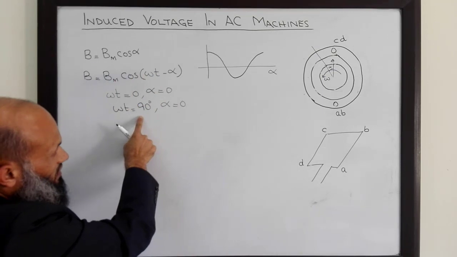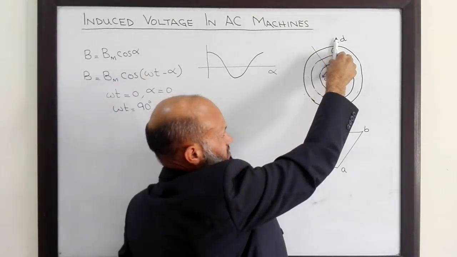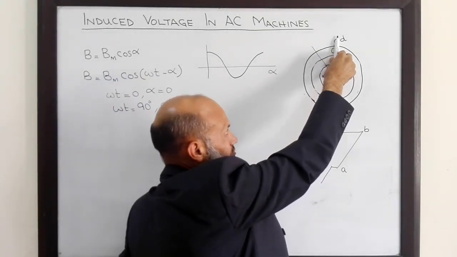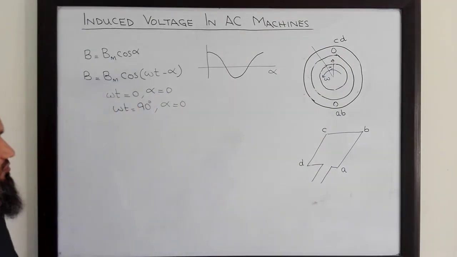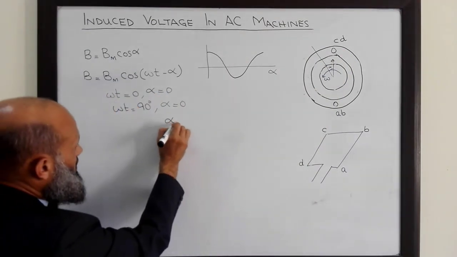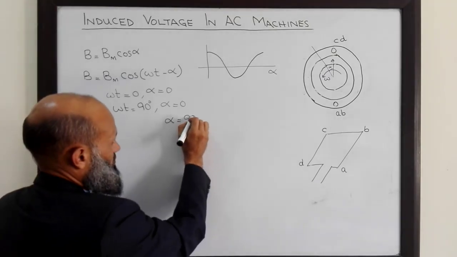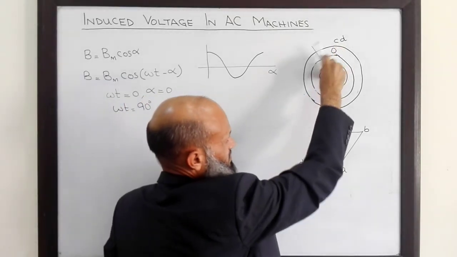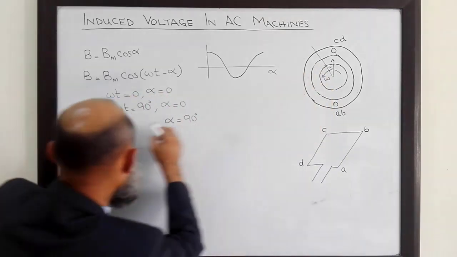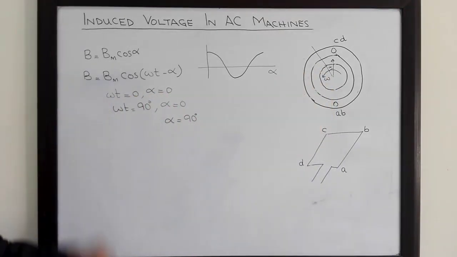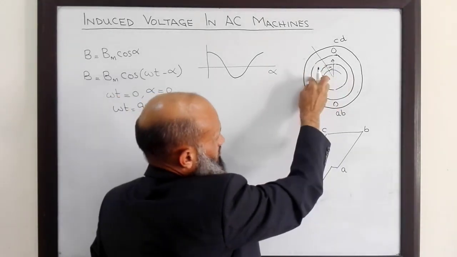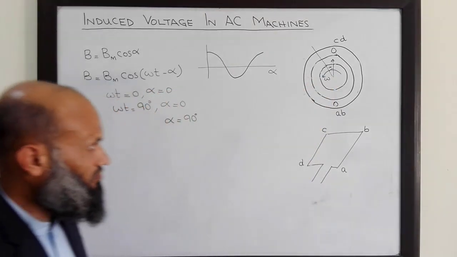So at this particular time instant, flux density here will be 0 and it will be maximum at alpha equal to 90 degrees. Alpha equal to 90 degrees is this angle, so at this time instant, flux density will be maximum here at this angle.